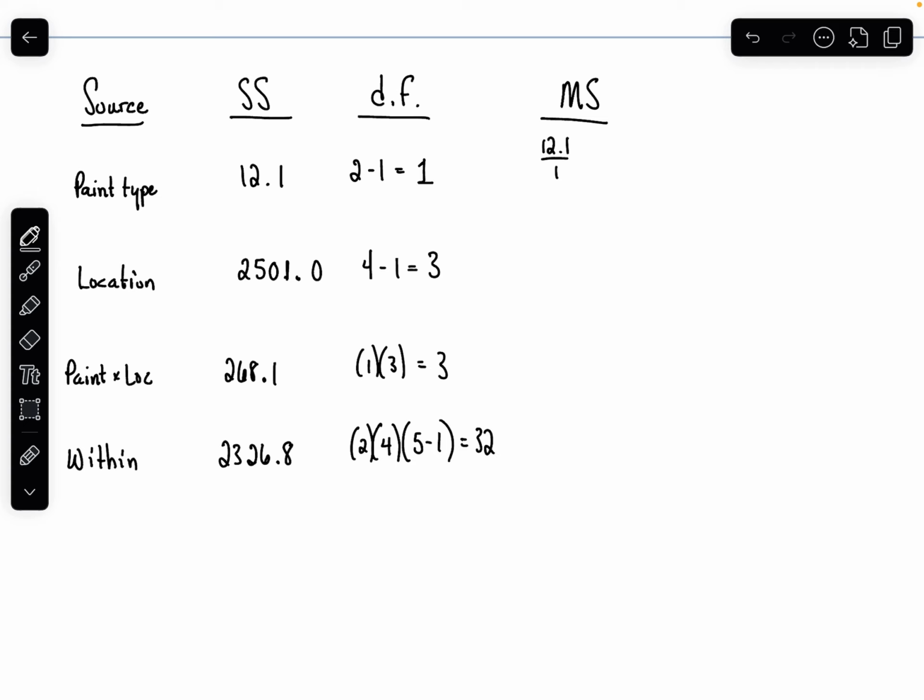So in this case, 12.1 divided by 1, which of course simply is 12.1. For the location, it would be 2501.0 divided by 3, which gives us a pretty large number, 833.66 repeating.